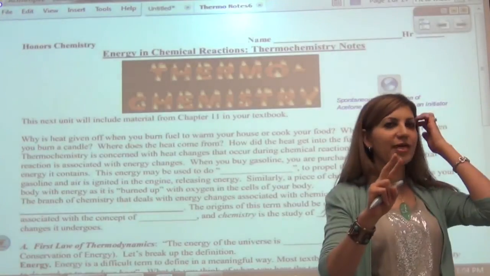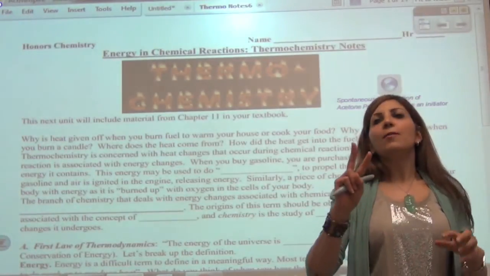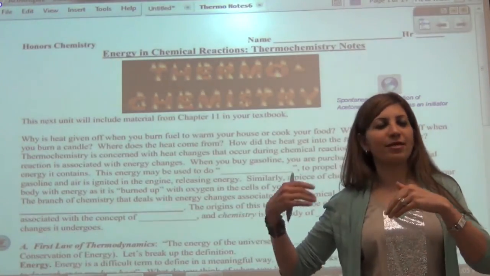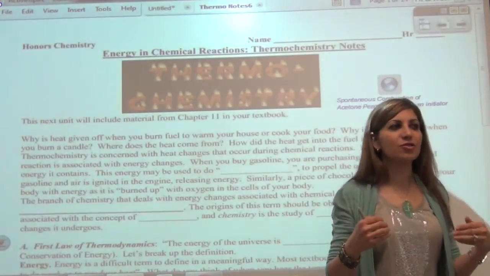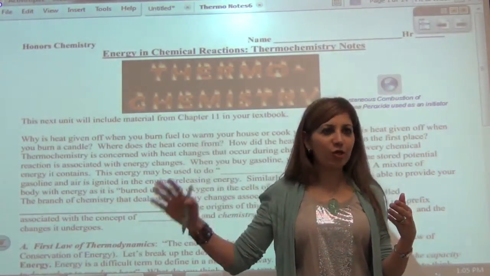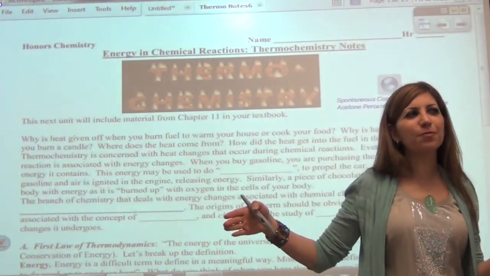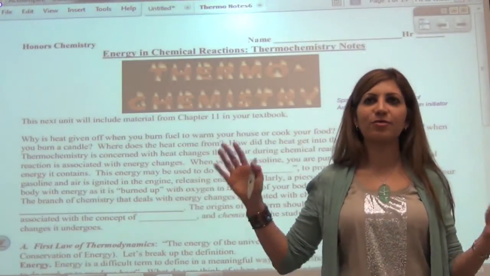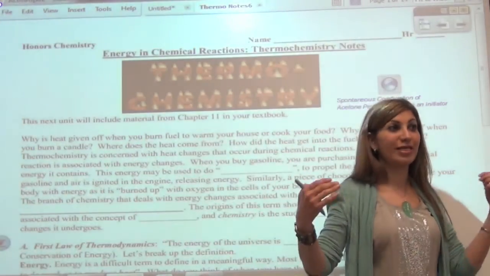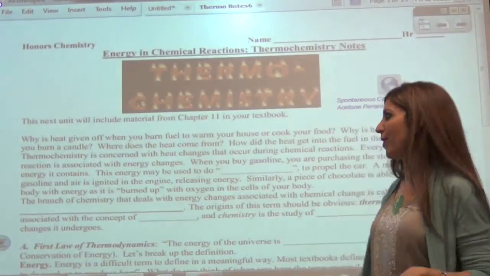And so those two things will determine spontaneity. If you have a very exothermic reaction, it could be decreasing in entropy and still be spontaneous. So sometimes if one of them is really high, then you can still have a spontaneous reaction.